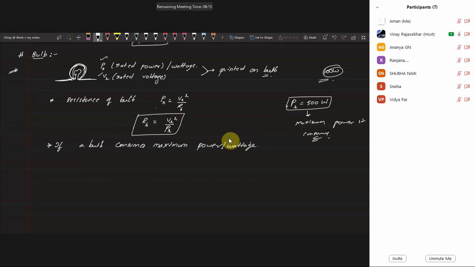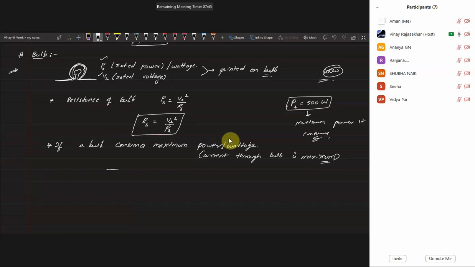Now please remember, if a bulb consumes maximum power or wattage, then the current through the bulb is maximum. But this concept is completely out of the PU textbook, but very important for competitive exams. So, if a bulb consumes maximum power or wattage, then the current through the bulb is maximum.